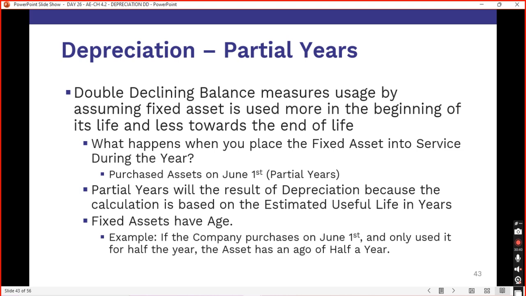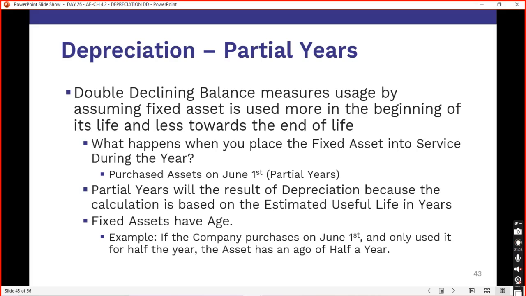But if you put it into service after 50% of the month, there's no point to count how many days you're going to depreciate it. You're better off to just start in the very next following month. Now, the months are going to play key roles, because here we also need to do a little extra calculation.